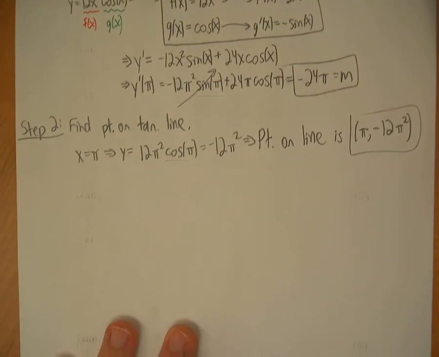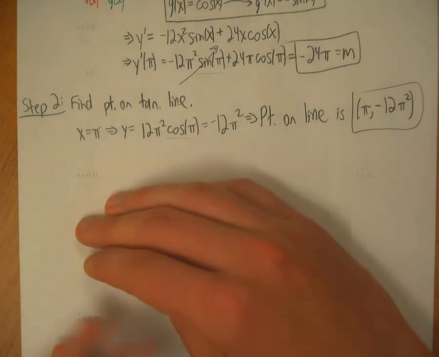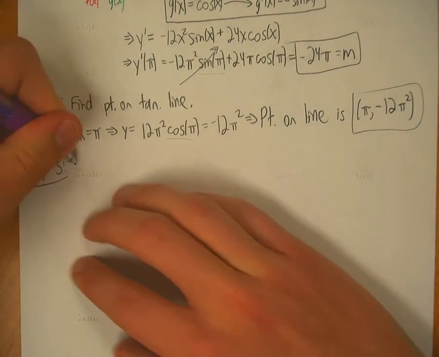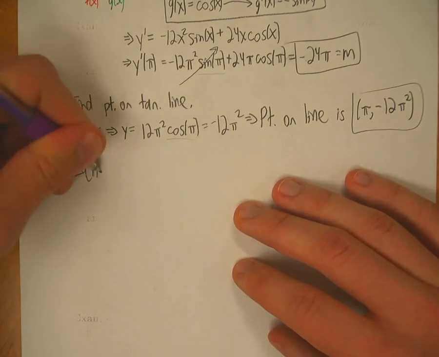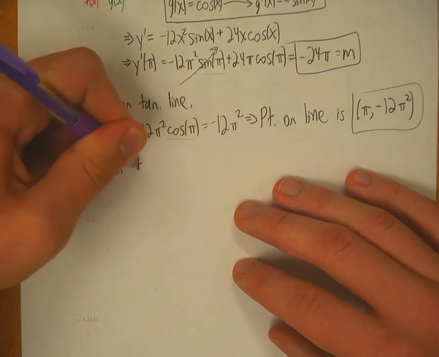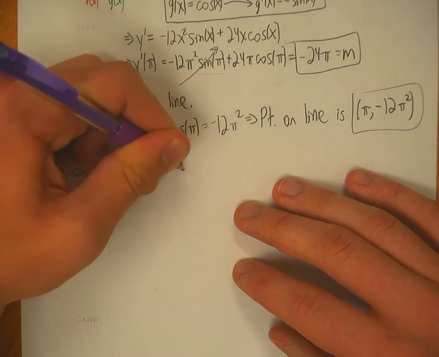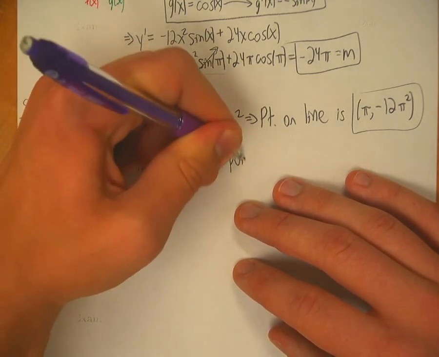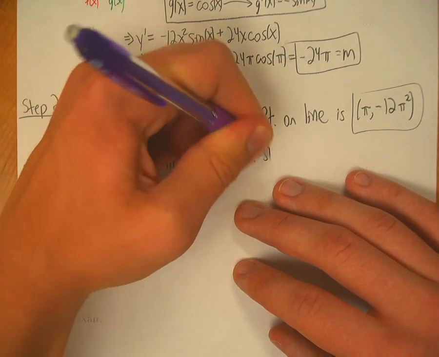Nothing crazy with that. So now step 3 is just put everything together. So find the equation of the tangent. Again, use point slope form.